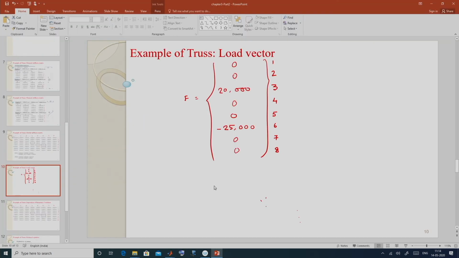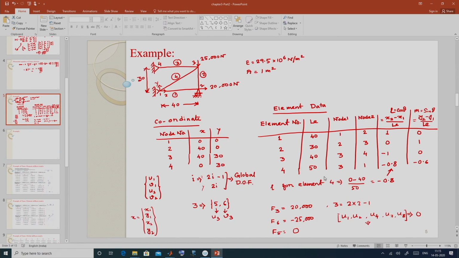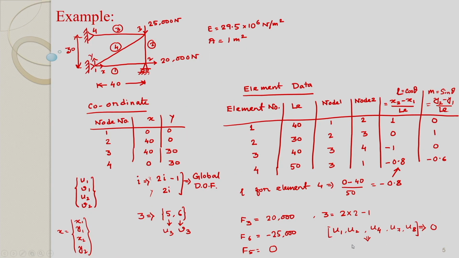Now, we have to impose the boundary condition for the given problem. As I already explained, these are the prescribed degrees of freedom which are 0. So, the corresponding rows and columns of the global stiffness matrix have to be eliminated.